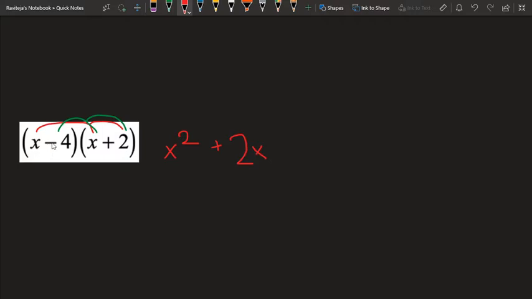We distribute the negative 4 to the x, which is negative 4 times x, which is minus 4x. And then negative 4 times 2 for this term is negative 8. Now that we have it simplified to this, we would just combine like terms to simplify it even more, and we would be left with x squared minus 2x minus 8.